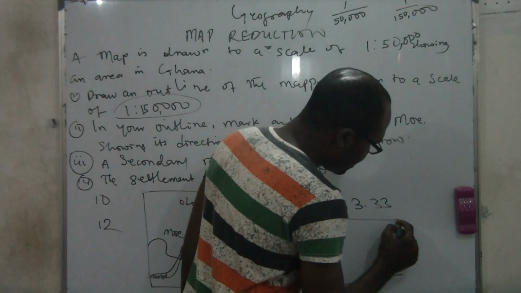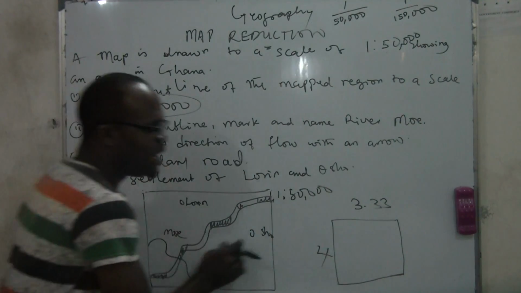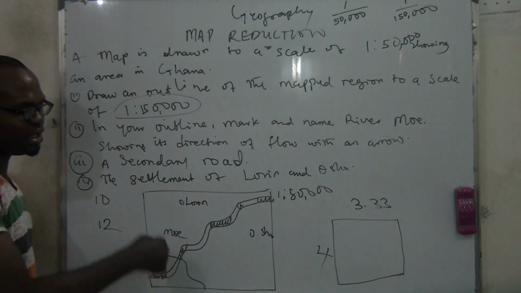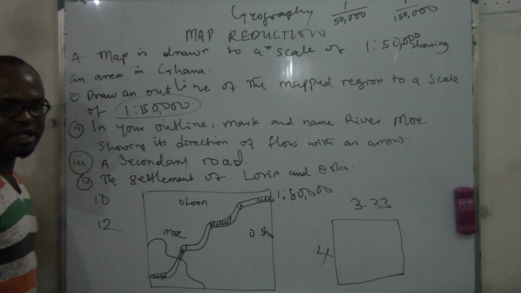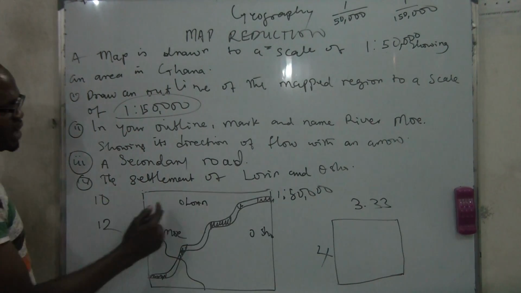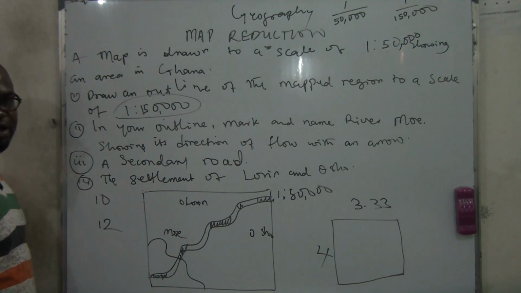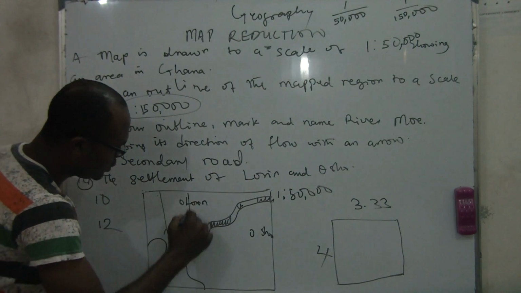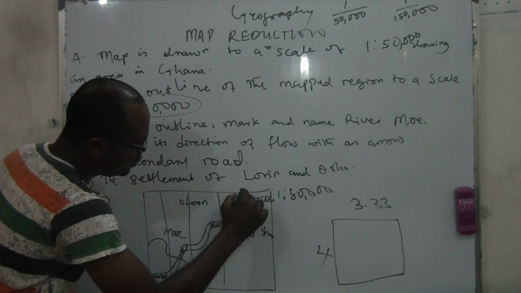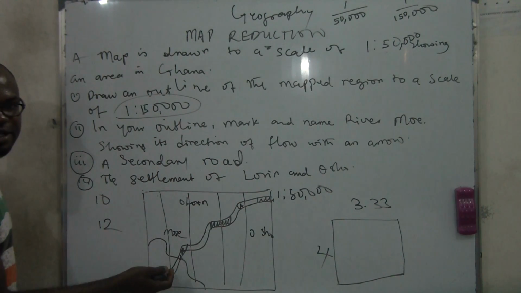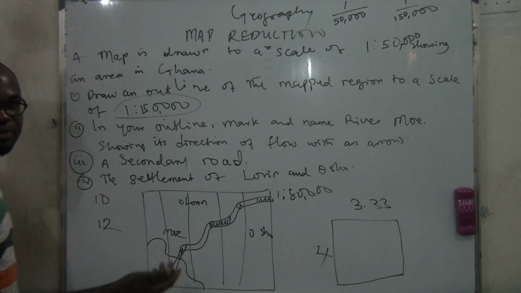Now, having drawn, how do you copy this map to here? You divide it into a grid. Is it not? Grid lines. So if this is 10, how many equal grids can you divide 10 into? Let's say 5: 1, 2, 3, 4, 5. If this is 12, you can divide it into 4 or 6.